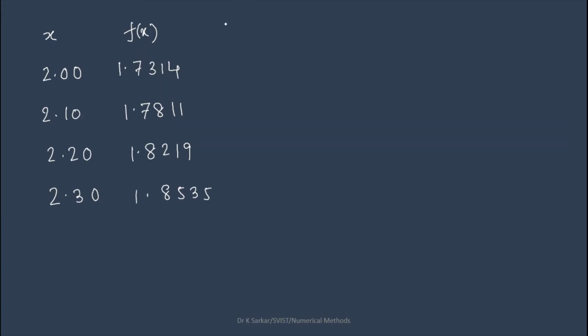First order backward difference is del y. Subtracting 1.7314 from 1.7811 is 0.0497. Next, subtracting 1.7811 from 1.8219 is 0.0408.